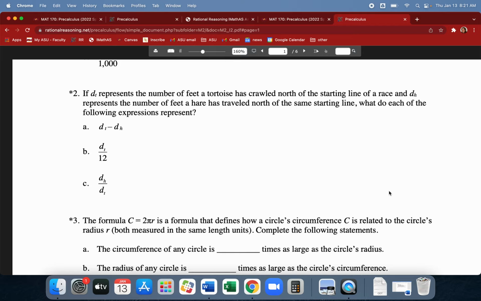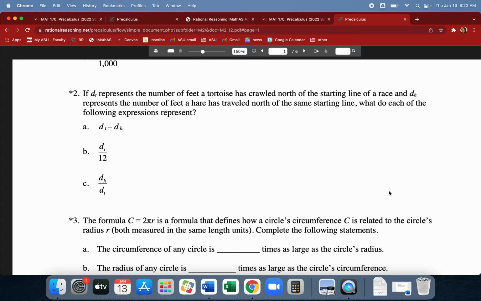So if I have the tortoise and the hare both going this direction, I'm assuming they're both going to try to go that direction, but maybe the tortoise has gotten to here, and the hare has gotten to here. It doesn't matter how far they are left to right from one another on this starting line, if d sub h and d sub t are talking about their distance north of the starting line.